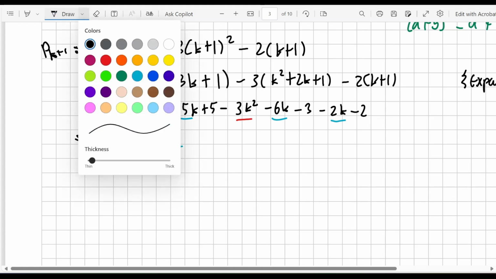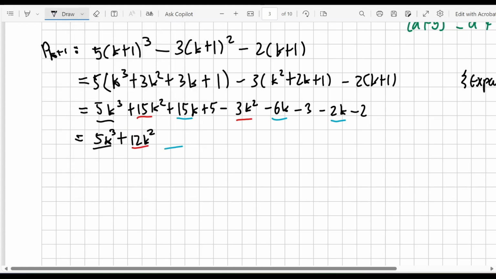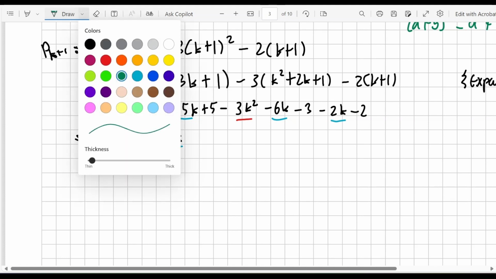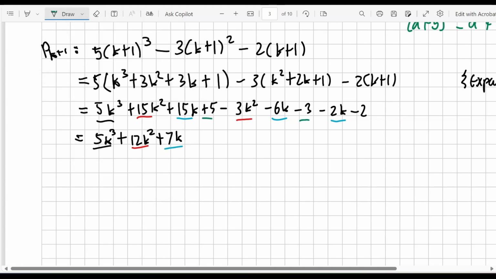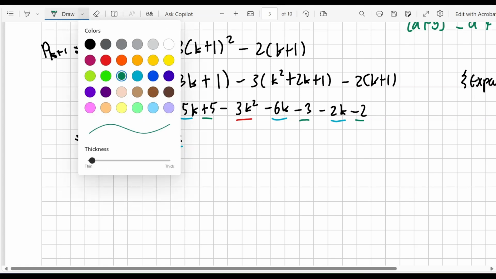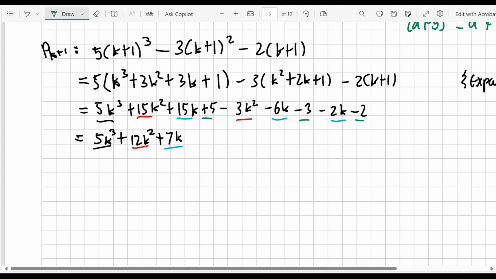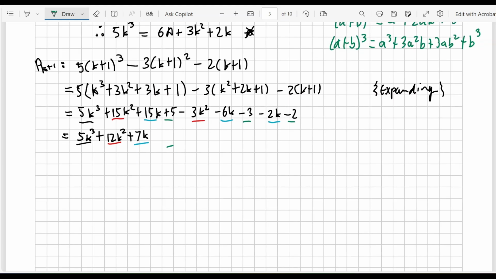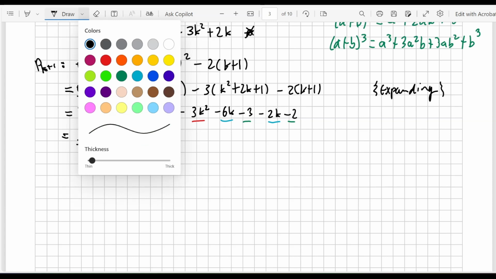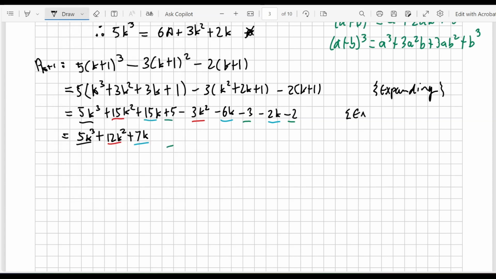So with our k terms there, let's see, that's 15, take 6, take 2, it'll be 7. And for our constants, they're actually going to cancel out. So we're going to have 5 minus 3 and minus 2, so that gives us nothing. So maybe I will sort of mark that on there, but yeah, nothing. All right, so just to be really clear about what we're doing here, this one here was expanding, and then this one here was like terms.